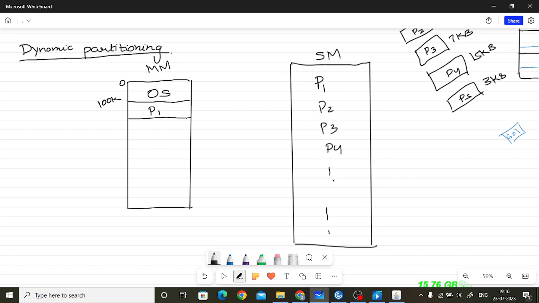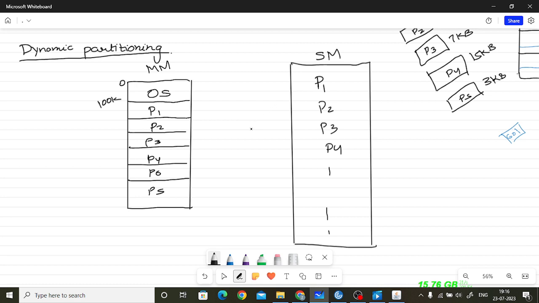So the processes will come and acquire the space in the main memory accordingly, and there is no partition. Process P6 and P5 will come and acquire space.